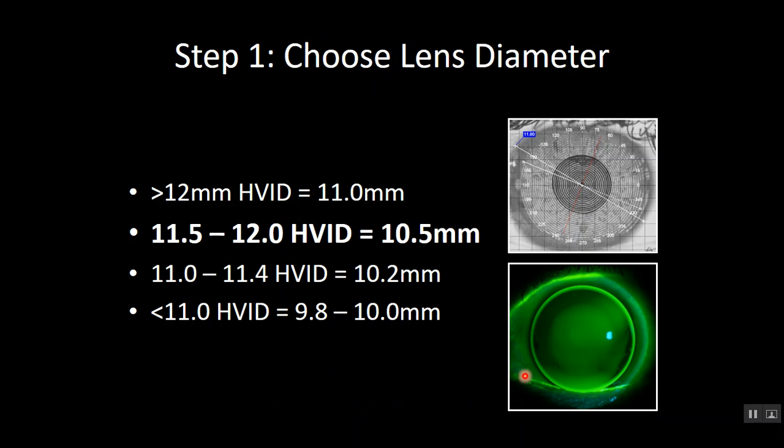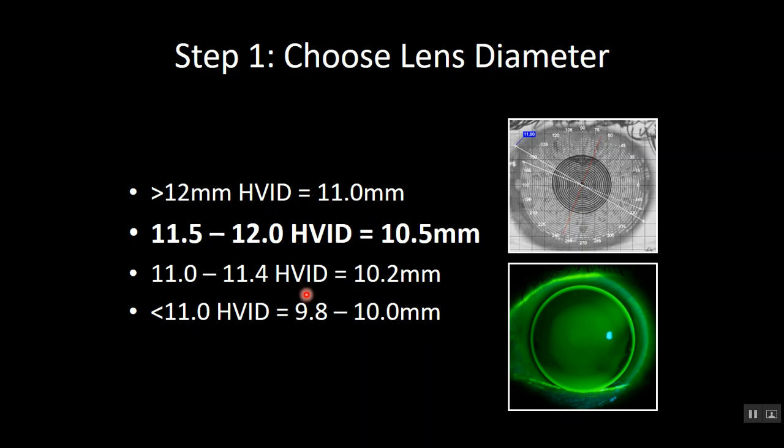Now, this larger diameter with the aspheric surface is an important feature of the Apex multifocal. So when you're dealing with normal visible iris diameters of 11.5 to 12 millimeters, you're going to choose a 10.5 diameter lens. When you have VIDs larger than 12 millimeters, then you're going to use an 11 millimeter lens.